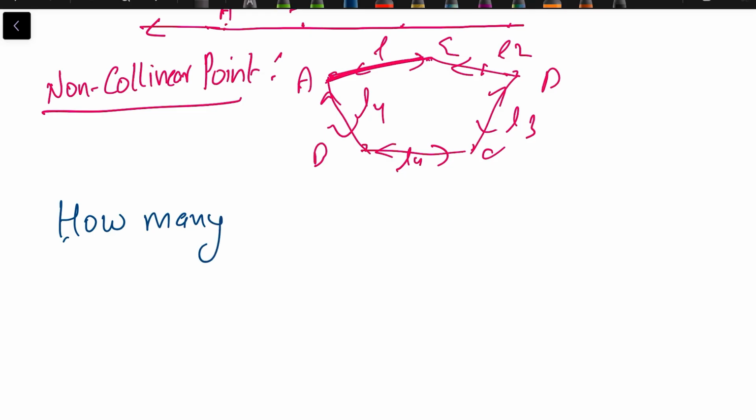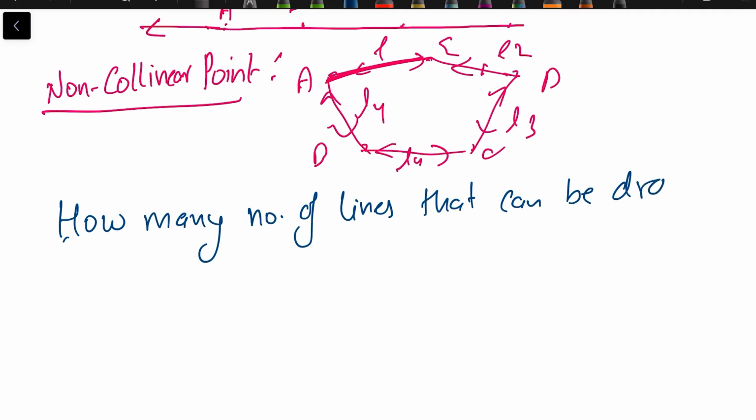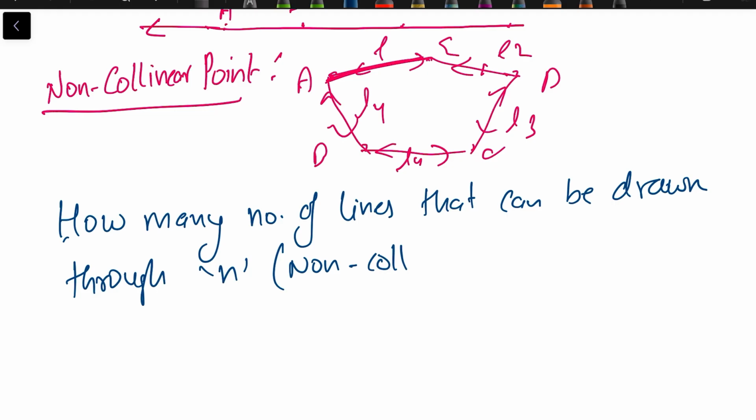We have to find how many lines can be drawn through non-collinear points.